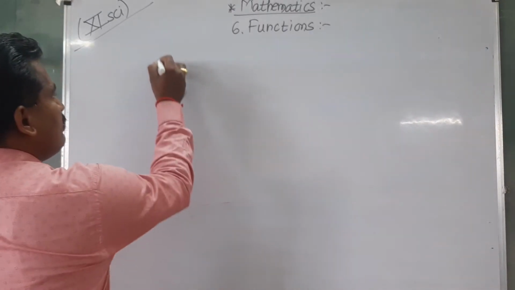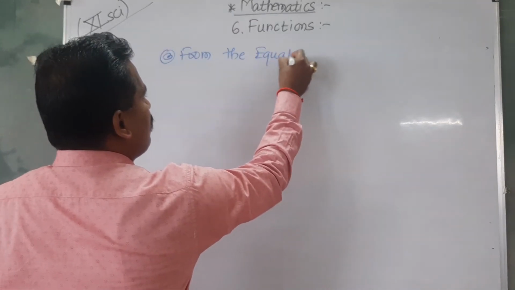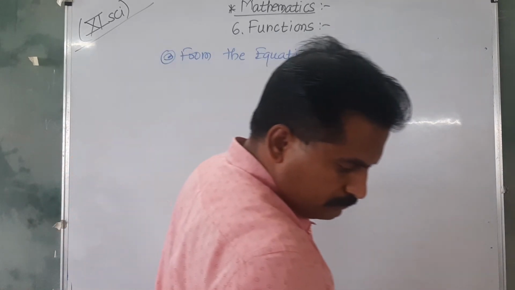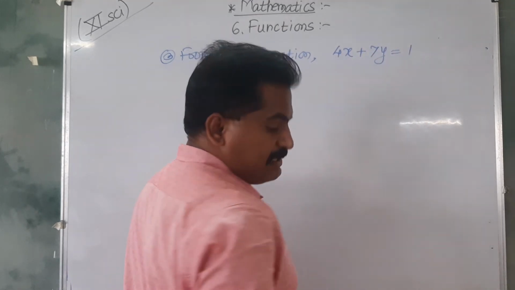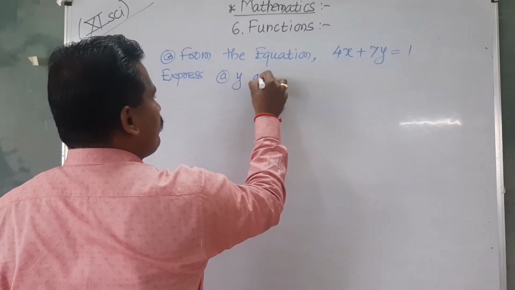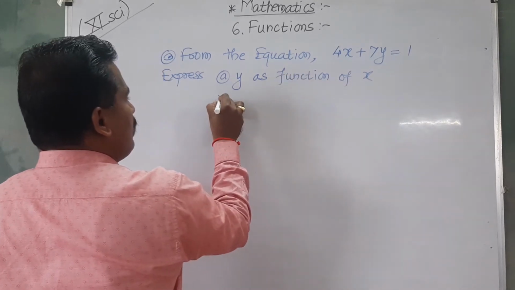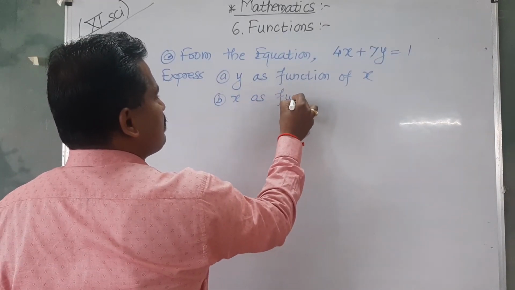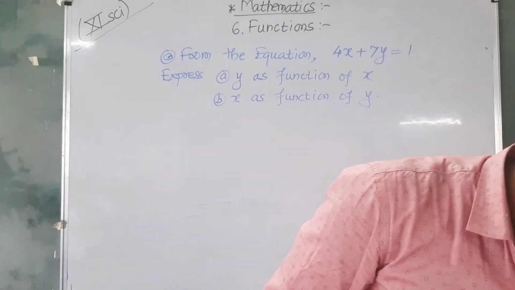From the equation 4x plus 7y is equal to 1, express first y as a function of x, and second x as a function of y. Okay.